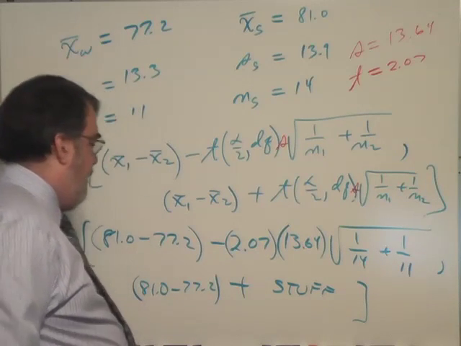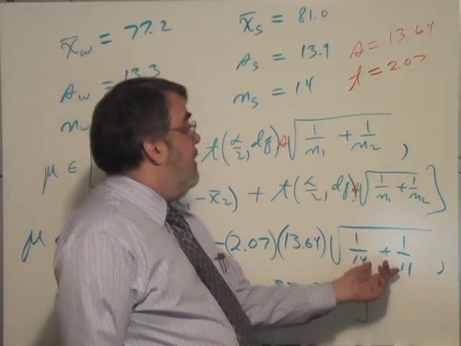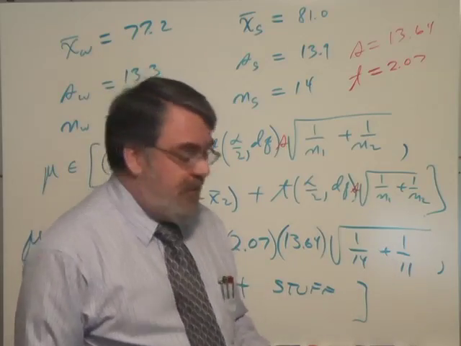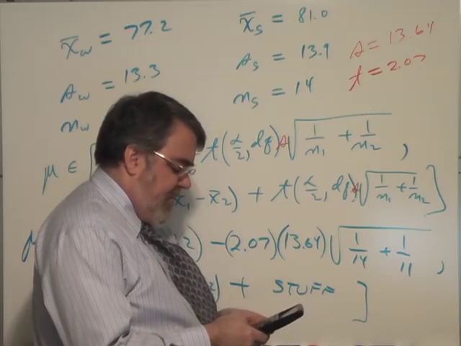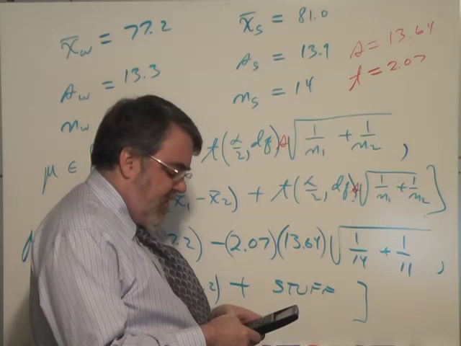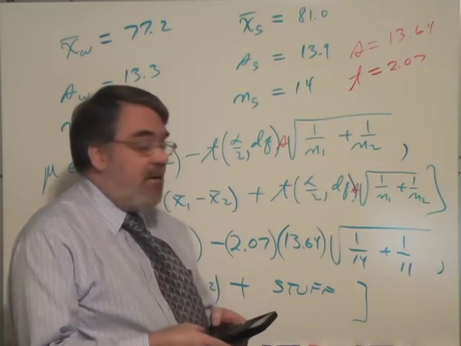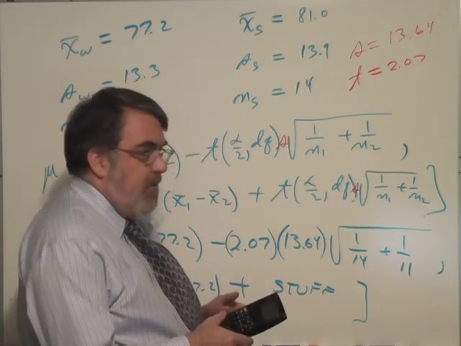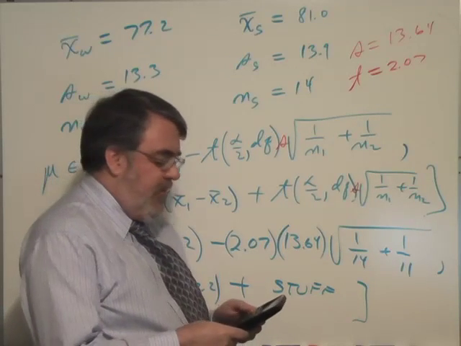Okay, so it's another complicated calculation. I'm going to add these together and take the square root first. So 1 divided by 14 plus 1 divided by 11, hit equal. Thank goodness for calculators. I get 0.16. I raise it to the half power, or take the square root.